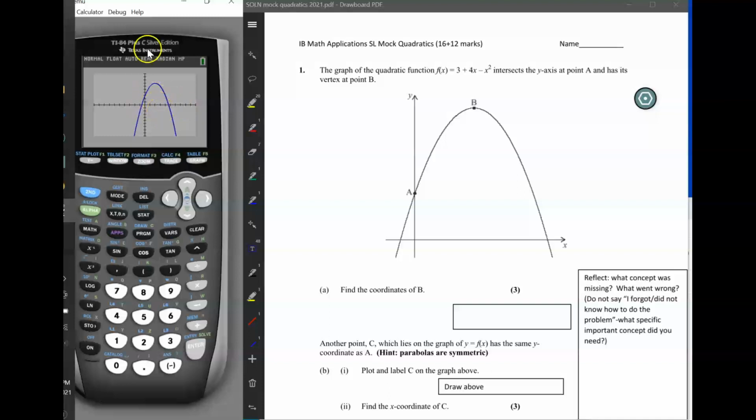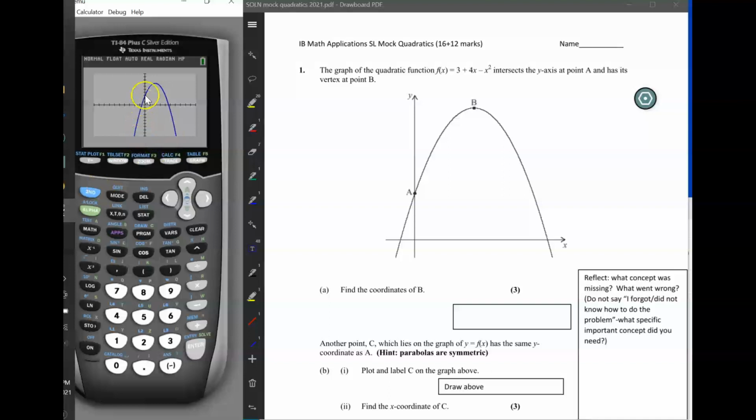Okay, so we have a graphed parabola, and we want to know the coordinates of B, which is just another way of saying the coordinates of the vertex. Remember, to find the vertex, we either do second calc minimum or second calc maximum.